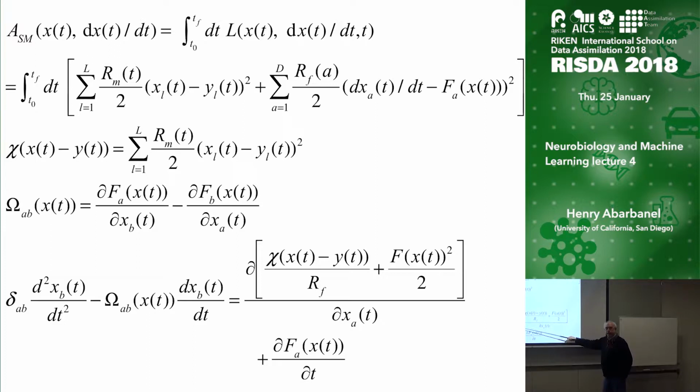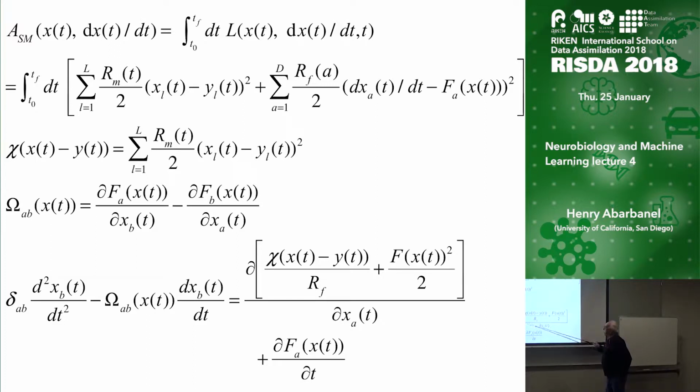This is exactly analogous, in a funny space, to a charged particle moving in a magnetic field and an electric field in d dimensions, driven by information transferred at specific times, tau, by the measurements. This is d squared x dt squared, v cross b in d dimensions, not 3 dimensions.